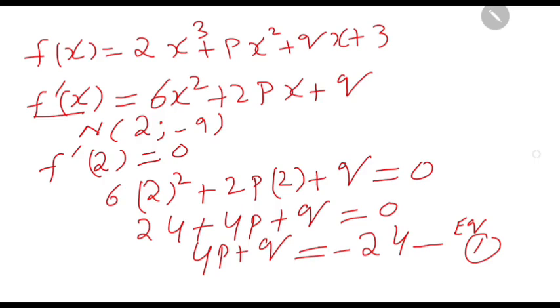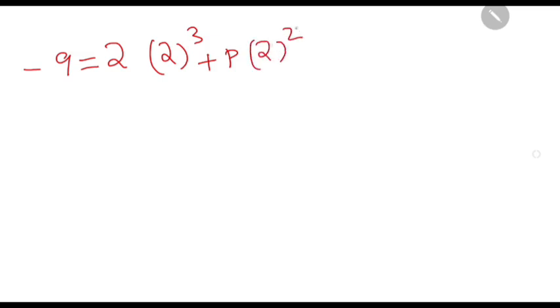Must remember, at this point 2 and -9, the cubic graph also passes through there. So I'm going to substitute these x and y values into the original function to get the second equation. Use the turning point n, 2 and -9 on the original function. The point n, 2 and -9 lies on the graph of f of x, so we can substitute these coordinates into the function.